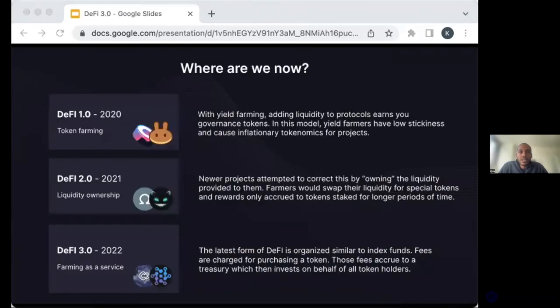The difference between DeFi 1.0, 2.0, and 3.0 is really categorizing their liquidity strategy. Can you change to full screen? Can you say that one more time?